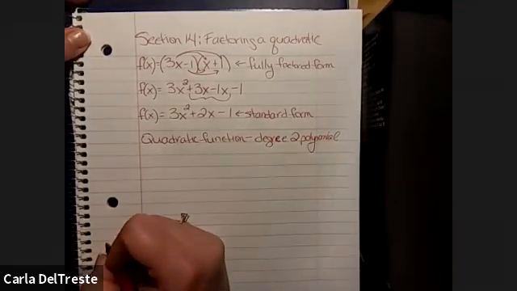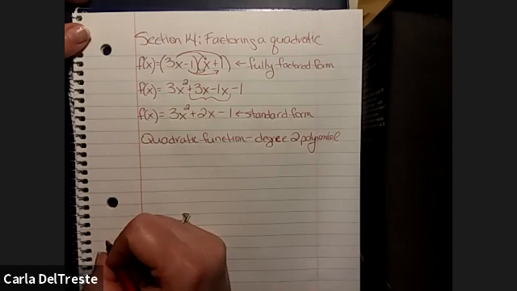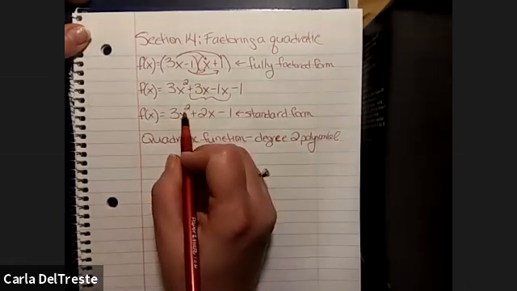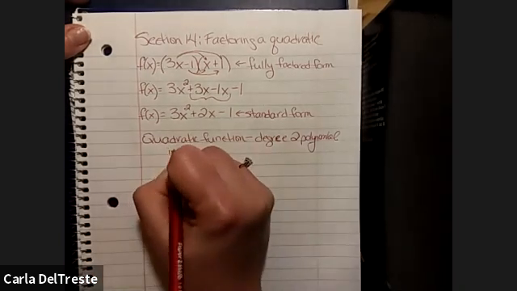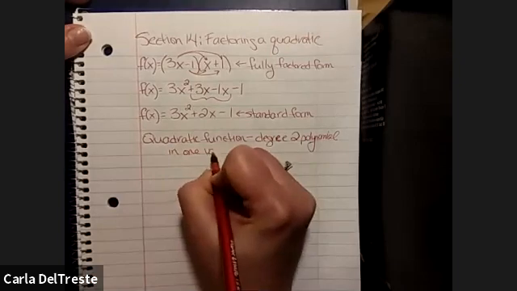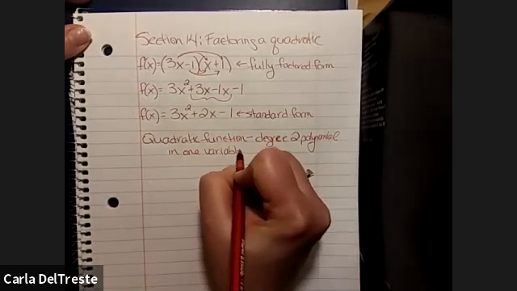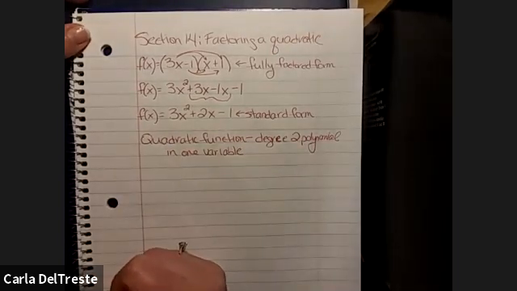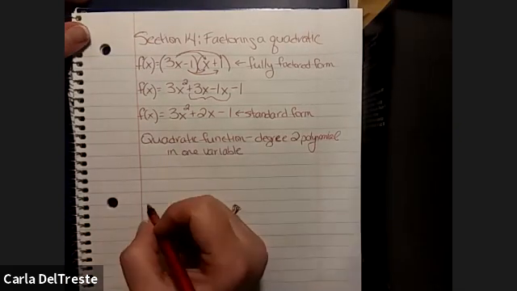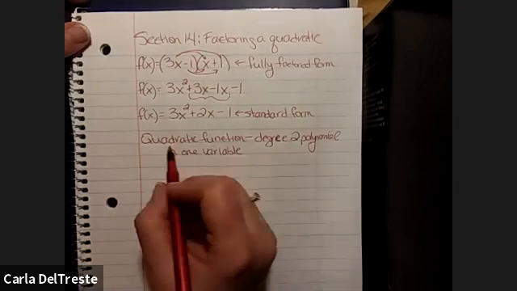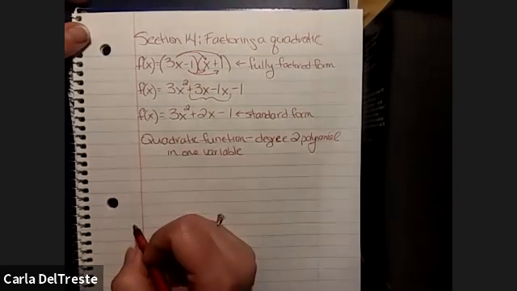That means that the highest exponent is going to be a 2 on a single variable. Okay, so a degree 2 polynomial, to be more specific, in one variable. So the highest you'll see is an x squared in the function. So this is what we're looking to factor, okay?